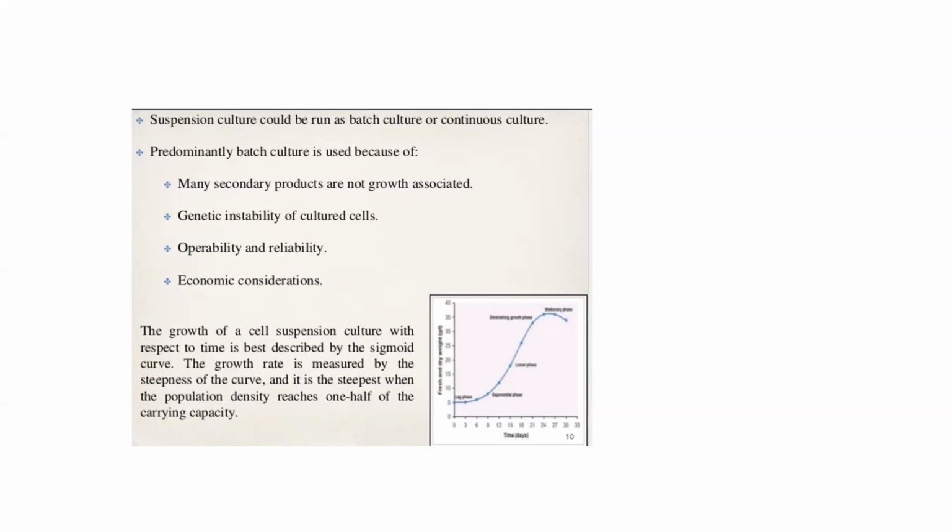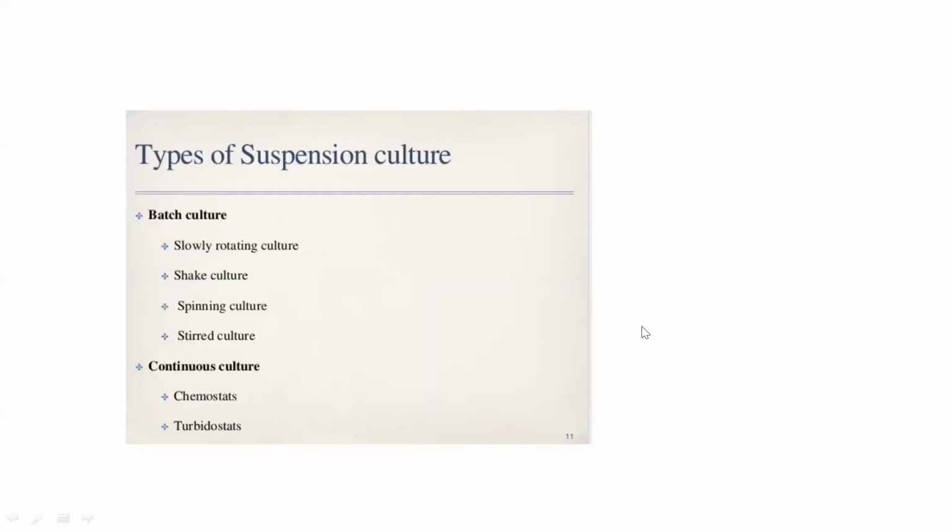In continuous culture you will not know when the metabolite production comes down, or what the reason is, and you will not be able to judge how the culture is growing. But in batch culture, if problems occur in between, you can verify it easily. That is why you make use of batch culture predominantly. And this is the curve which depicts a batch culture.